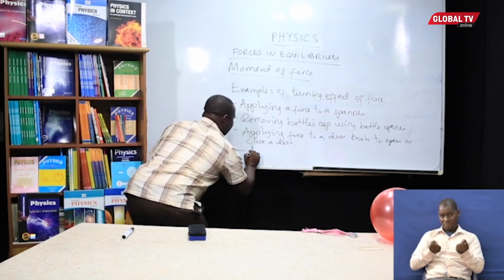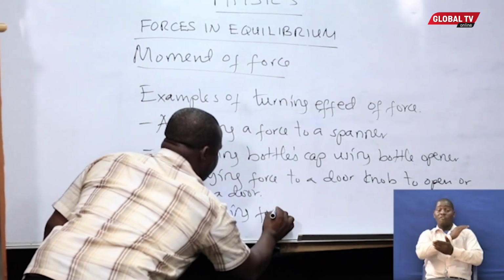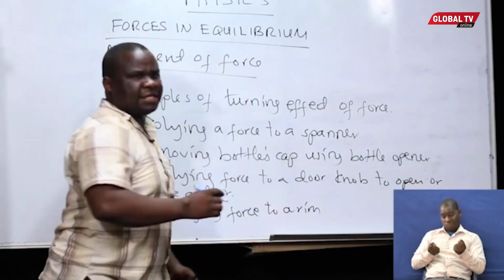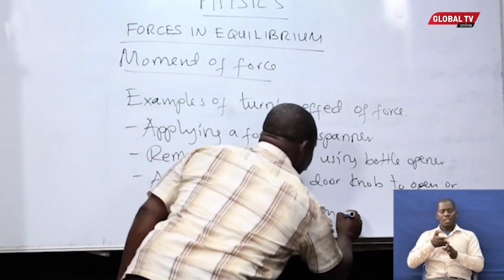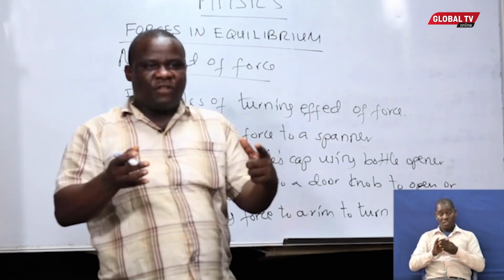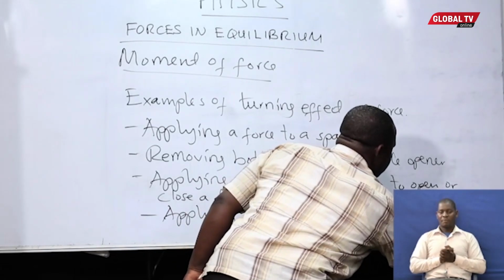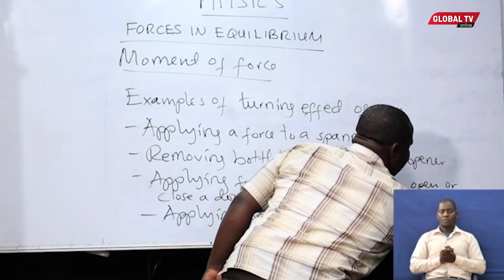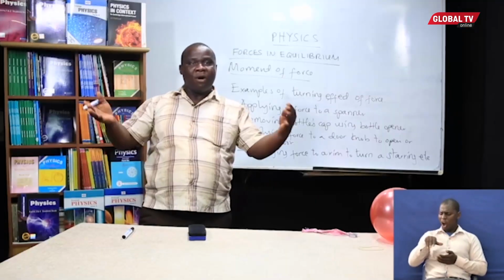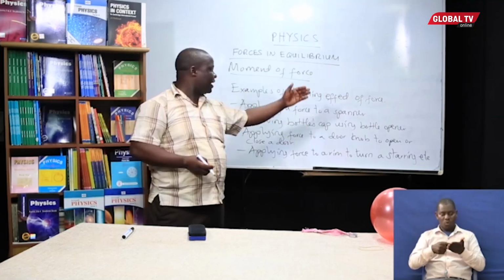So we can say applying force to a rim so as to cause the turning of the steering, etc. So all of this, and there are so many more, are just examples of the turning effect of force.